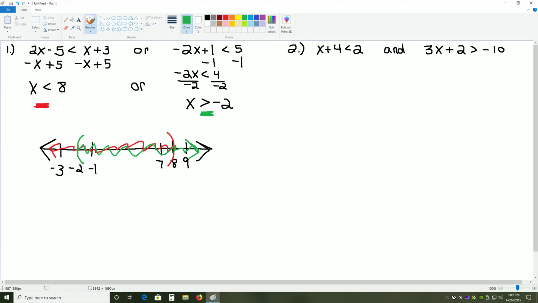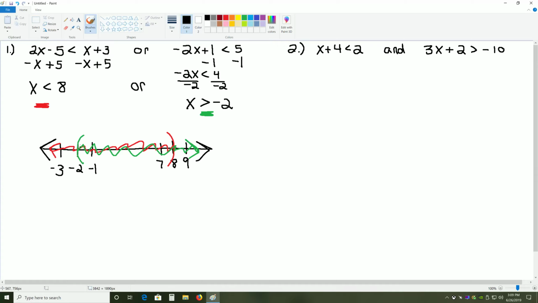An or statement says, look at your graph, both colors, and decide where you have shading. Anywhere that you have shading in either one is a solution to the entire problem. So notice in this problem, everything is shaded.